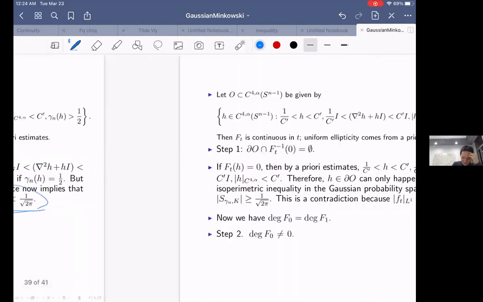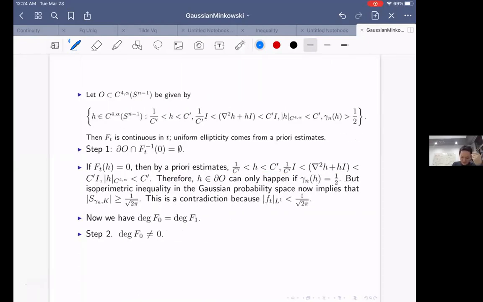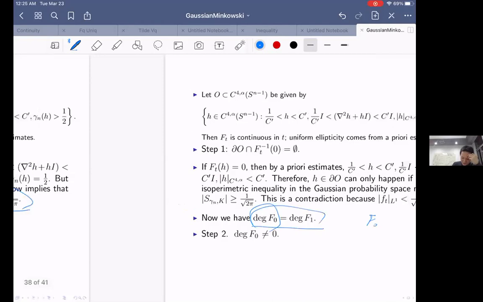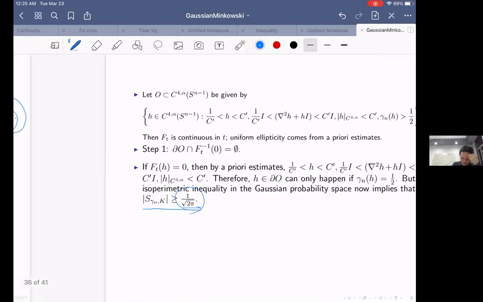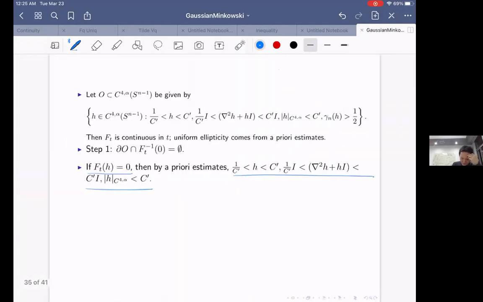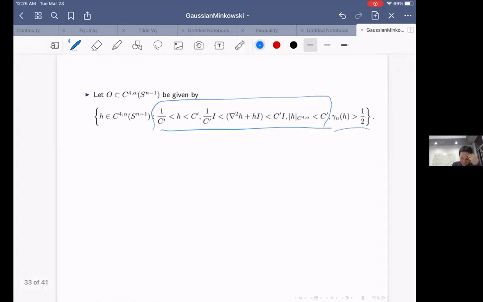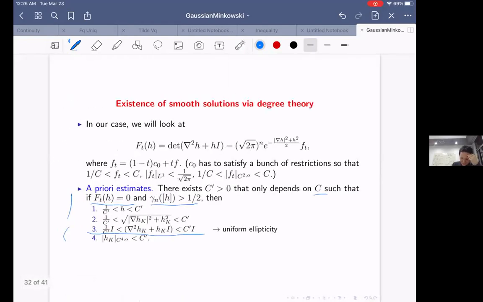And after step 1, we will have the degree well defined, and we will have the homotopy invariance. And step 2 is to compute this degree. Note that in the t equals 0 case, F_0 is the constant C_0, defined here.